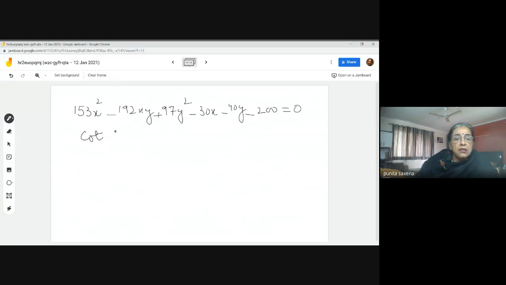हम क्या करते हैं, cot 2 theta is equal to what? अब अपने A, B, C, D, E, F सब आइडेंटिफाई कर लो। कर लिए?